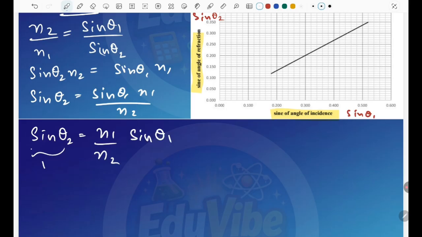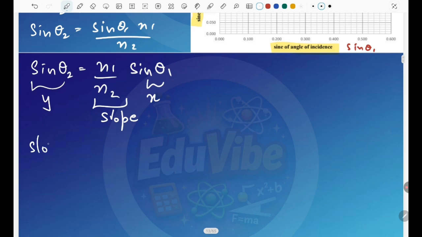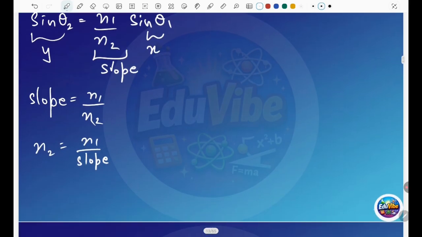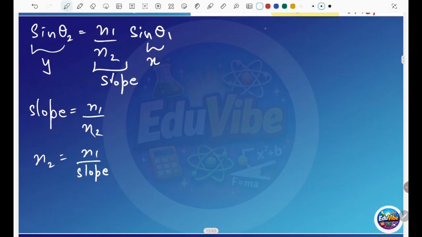This is your y, this is your x-axis, this is your slope. So now your slope is equal to n1 upon n2, and you have to find the n2. So n2 is n1 upon slope. n1 you know, which is 1.00. So we have to just find the slope to get the answer.